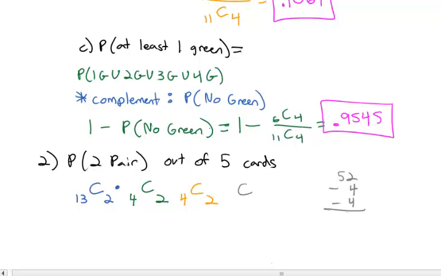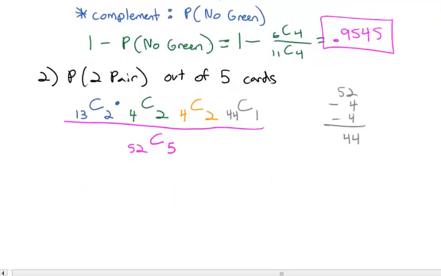So we have to subtract those out. There are 44 cards left. Of the 44 remaining cards, we want to choose one of them. Out of how many hands are possible? Well, there's 52 cards in a deck, and you choose 5 of them.